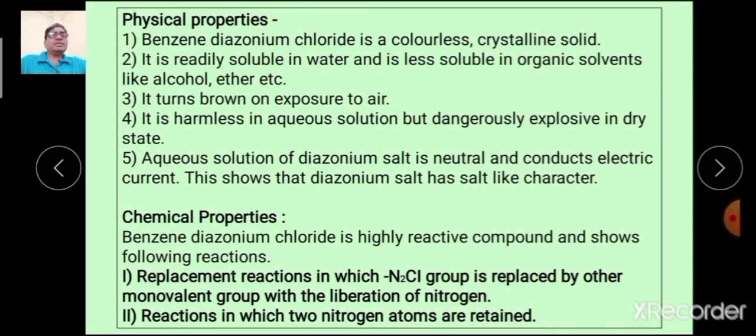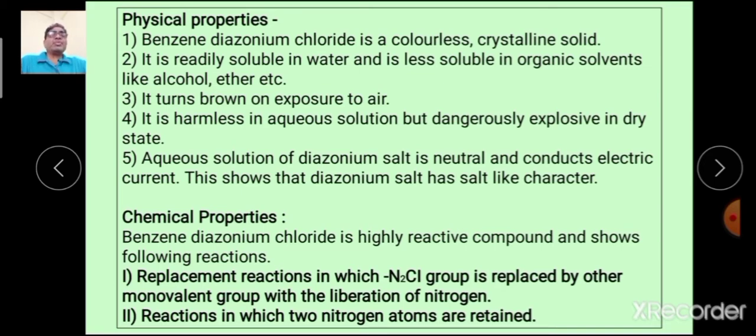It is harmless in aqueous solution but dangerously explosive in dry state, and therefore it is used as an aqueous solution. Aqueous solution is neutral and it conducts electric current, and this shows that the salt has salt-like character.